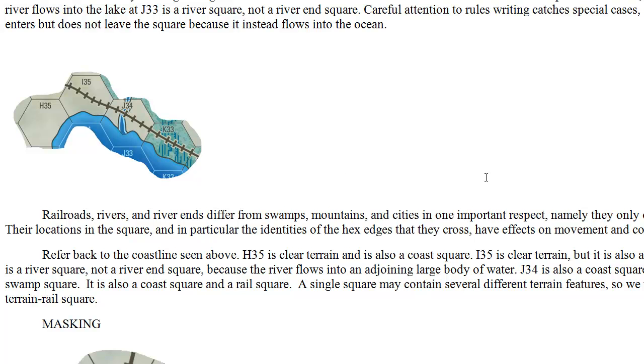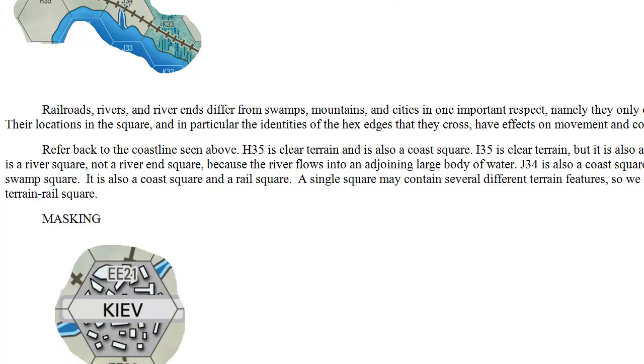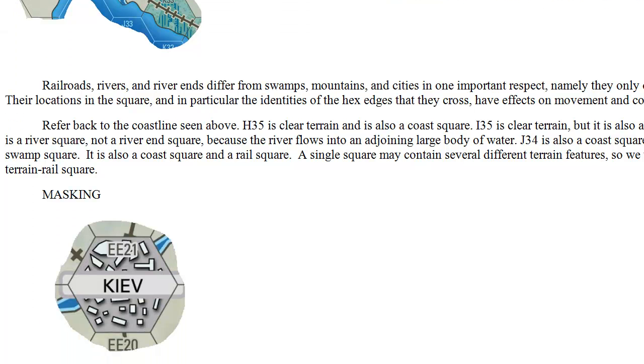I will now give a little artistic issue in which the artist who did our Sun Tzu map made a specific decision. Here's the city of Kiev again. You notice the river seems to stop at the two edges? That's an artistic decision. It's a positive artistic decision in the sense that you can very clearly see this is a river square.